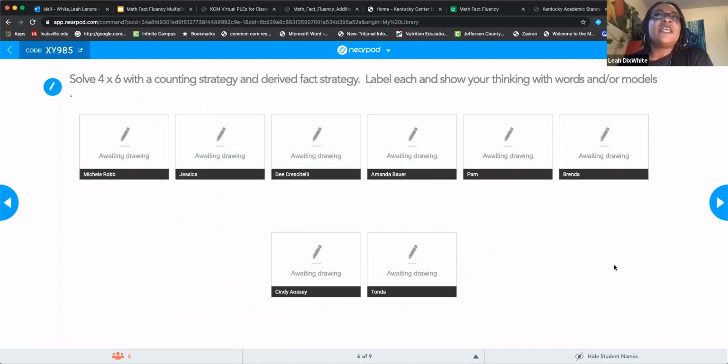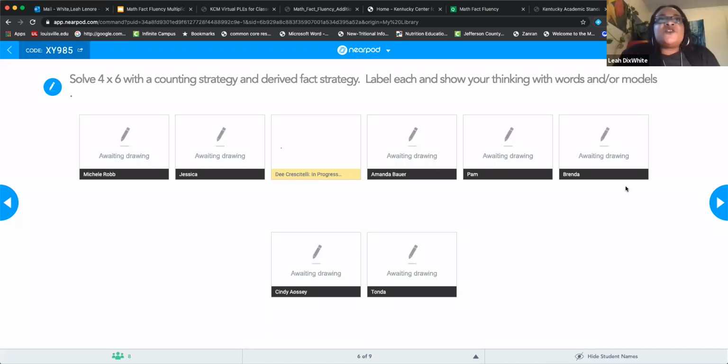And then there's another counting strategy, but I don't think we have time for that particular activity. It says solve a 4x4 with a counting strategy and a derived fact strategy, label each and show your thinking. But that is something we did in our cohort. So if you want to do that, you can, but we probably won't be able to get to that.